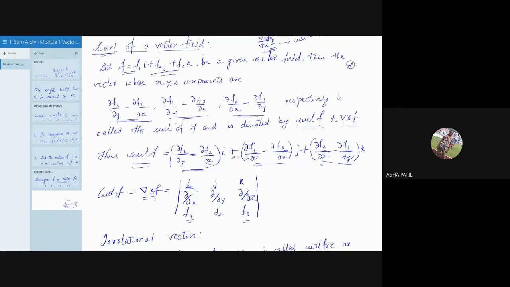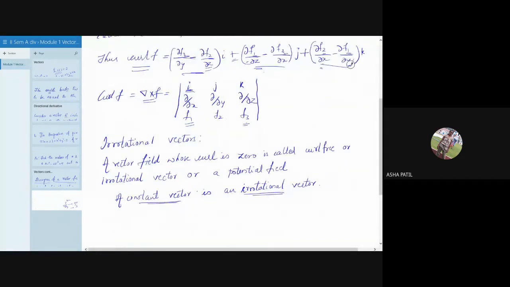This curl can also be represented as the determinant of the components i, j, k, then dou by dou x, dou by dou y, dou by dou z, F1, F2, F3. If you expand this, it will give you the curl of the vector field F. Thus, if F is a vector field, curl F is also a vector field. If this curl is 0, then such vectors are called irrotational vectors.